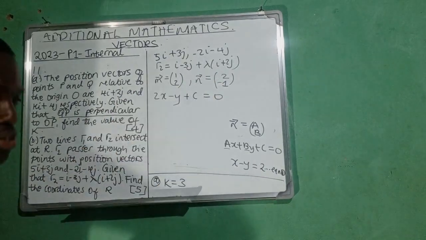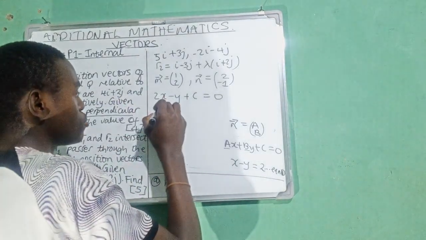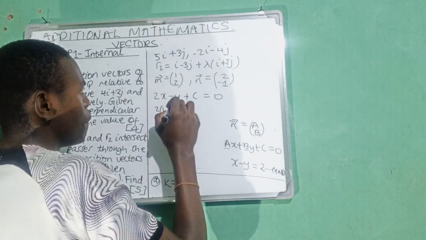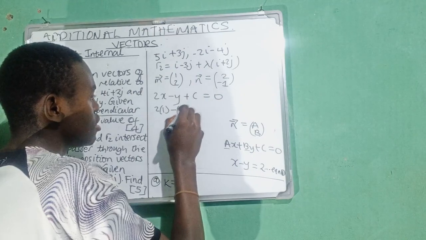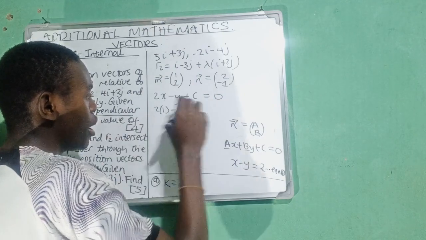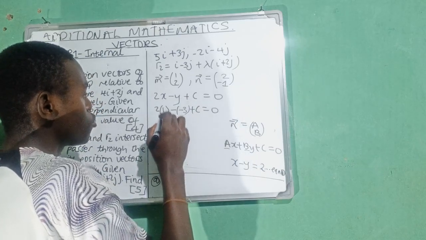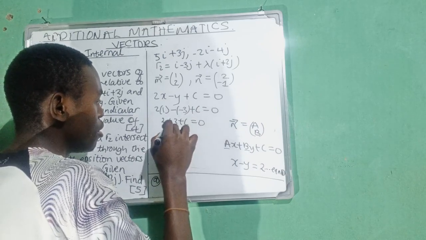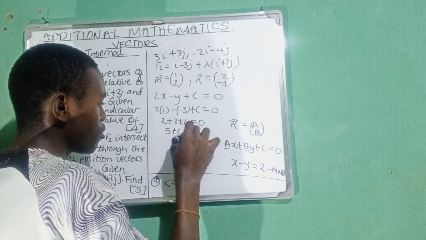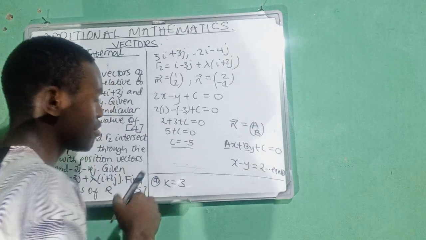And then we have this here, i minus 3j. This represents a position vector. So in this equation, we substitute the position vector: 2 multiplied by 1, minus negative 3, in place of x and y, plus c is equal to 0. This would be 2 plus 3 plus c is equal to 0. 5 plus c is equal to 0. c is equal to negative 5.